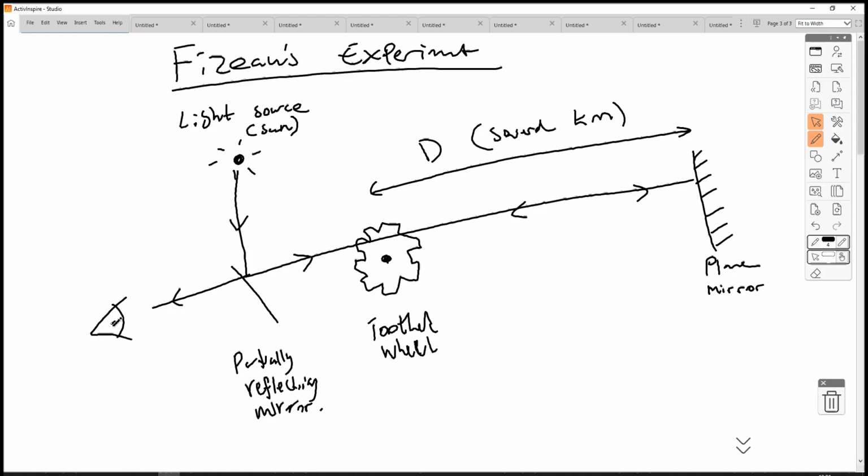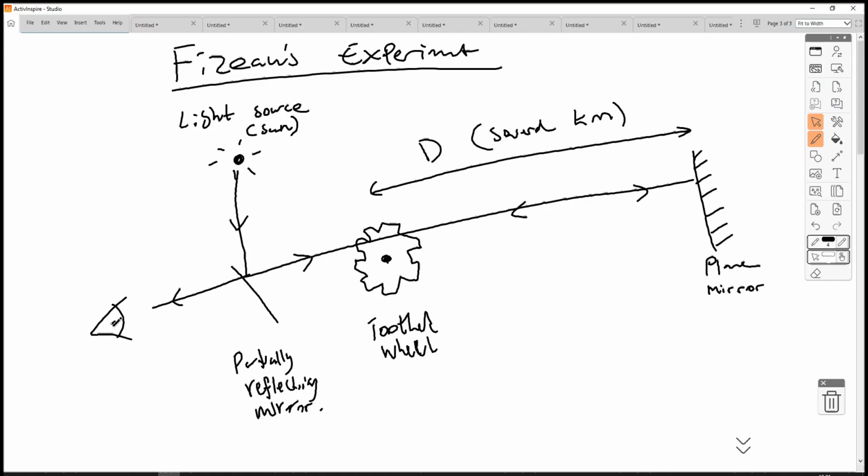And if you keep increasing the frequency of the rotations of this wheel, then at one point what happens is, when light passes through a gap and reflects, when it comes back, it's then blocked by a tooth. And if that is what's happening at a certain frequency, that means that no light is then seen on the other side at that frequency.